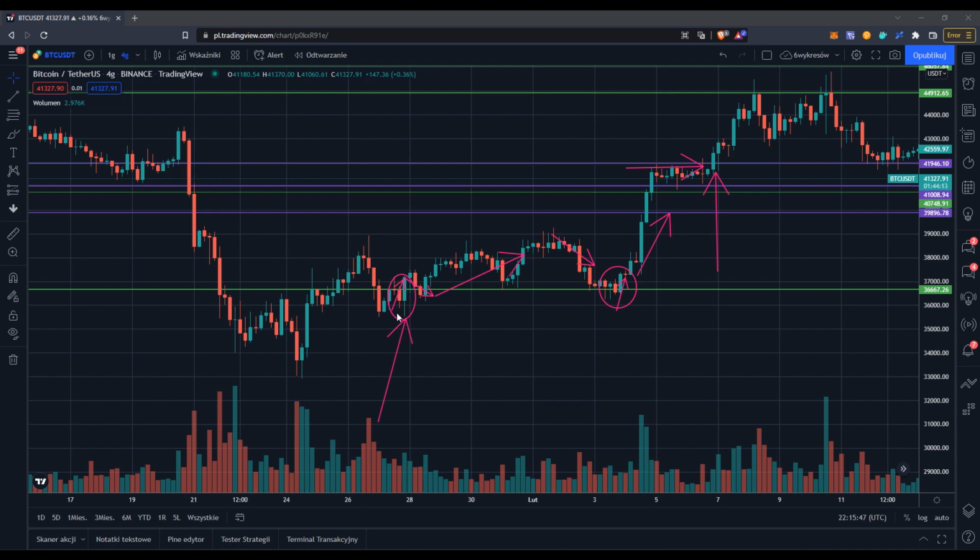So trying to summarize the things we discussed today. First thing first, you want to have your levels based on the higher time frame. Then you are switching lower, you are going to intraday chart patterns. You are looking at what is going on in the lower time frame, and you are looking for the confirmation of the level to hold or not to hold.